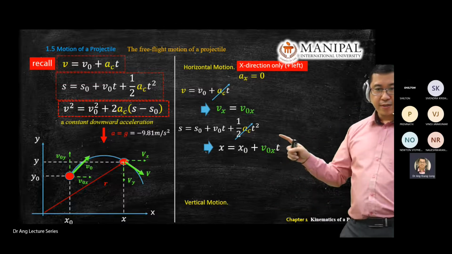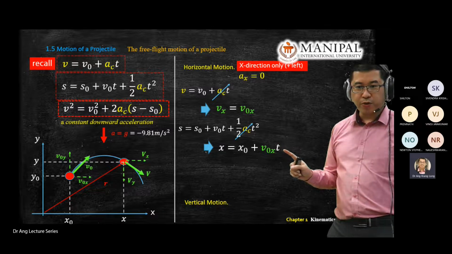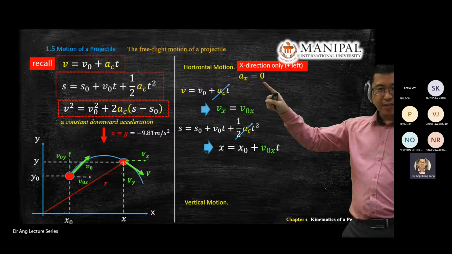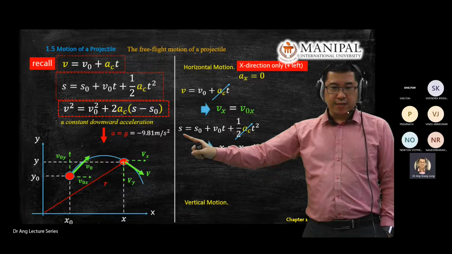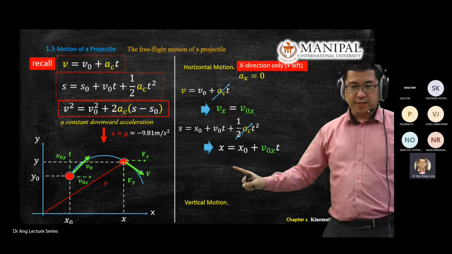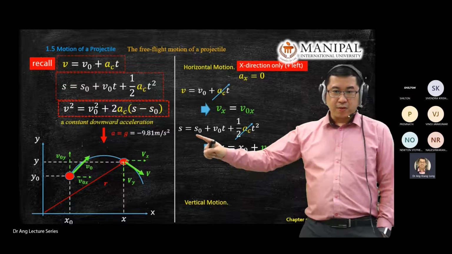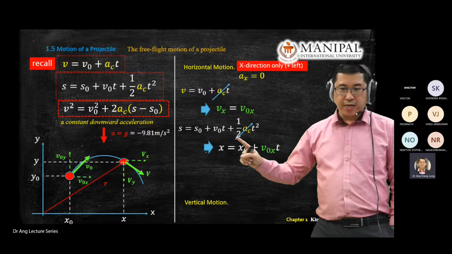Okay? So ask yourself, do you understand why or how you get this equation? The keyword is horizontal motion. Why does your S become X? Refer to this diagram. Why does S0, in this general equation, become X0?